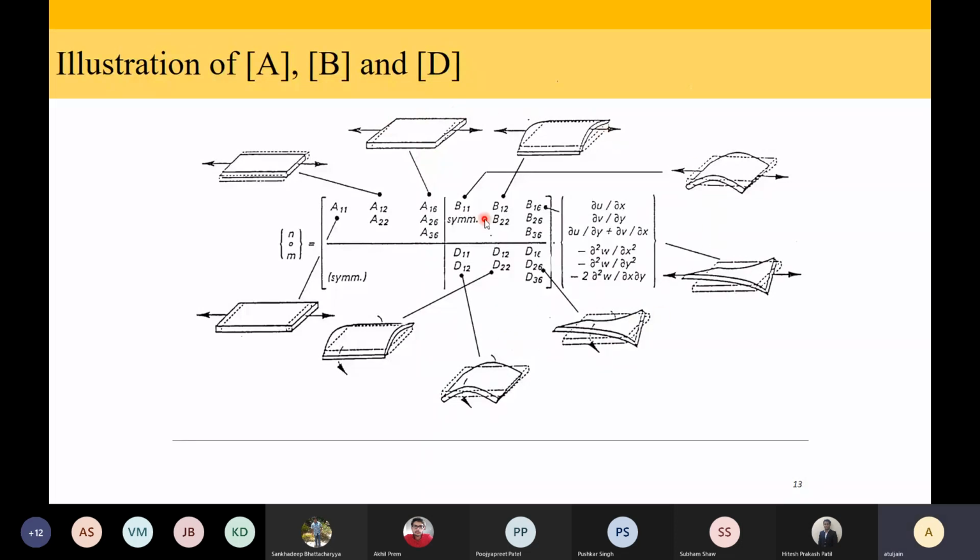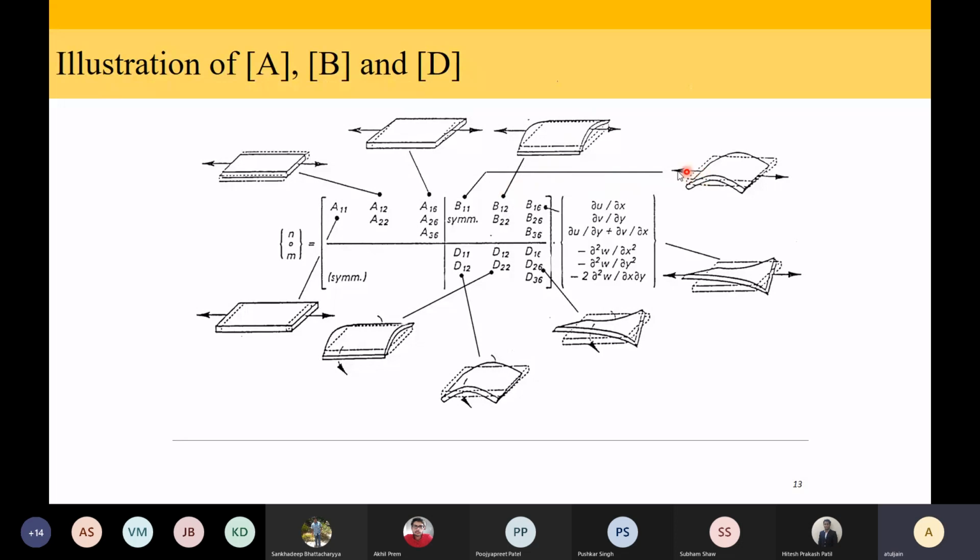The B matrix is giving me the tendency of a material to bend or twist even though there are only normal strains. It gives us the addition to normal traction due to bending or twisting, like this.